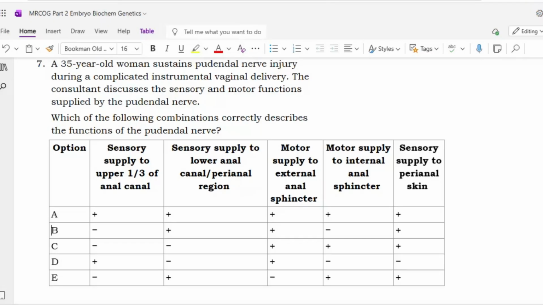So it supplies the lower anal canal, and we are talking about the pudendal nerve. Pudendal nerve will be related to the pelvic viscera. So what hint are you getting from the options available? Think logically at least. When the question is complicated, try to get more and more hints from the question itself.